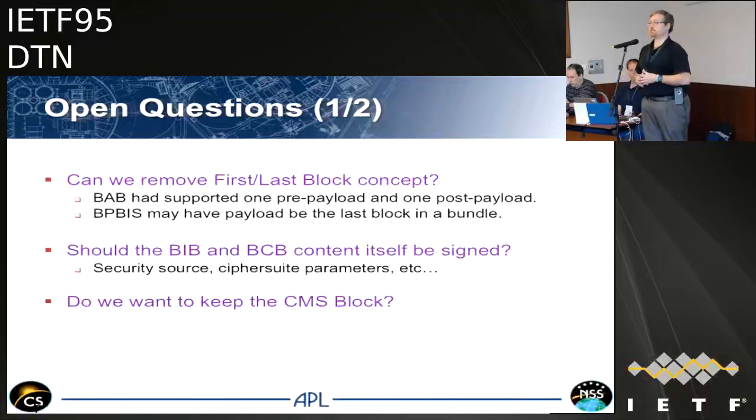And the question is, is there value in, for example, a BIB, which is creating a signed hash on a target block, also including its own parameters and contents of the BIB block as additional authenticated data to that signing, either by serializing the BIB and attaching it to the security data and hashing it, or just keeping 2 separate hashes, one for the target and one for itself. So one of the things that's looking through the security analysis is whether there is a vulnerability where someone doesn't change the target but can change a cipher suite parameter, switch an IV or a salt to force something to fail its integrity.